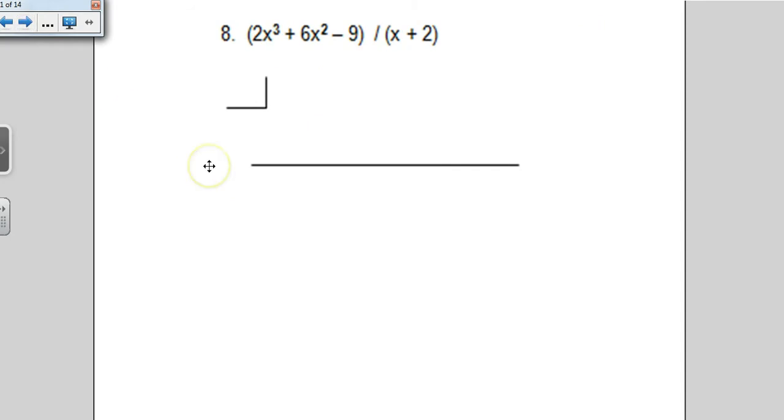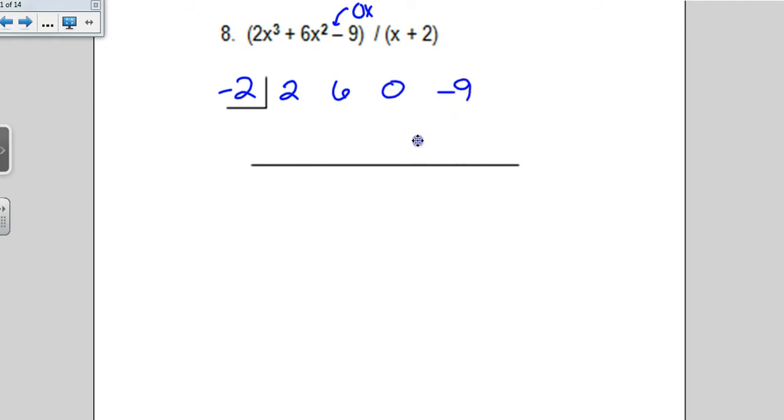Okay, another example. Solution to the divisor would be a -2, and then our coefficients go from a 2, let's see, x to the third, x squared, so 6. Notice there seems to be an x to the first term missing, so we're going to have to put a 0 placeholder there, and then a -9.